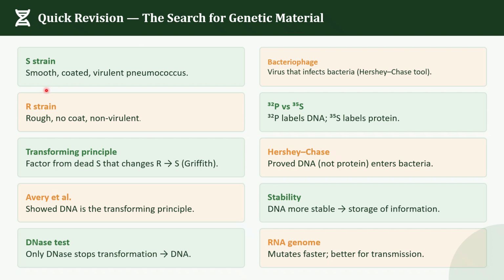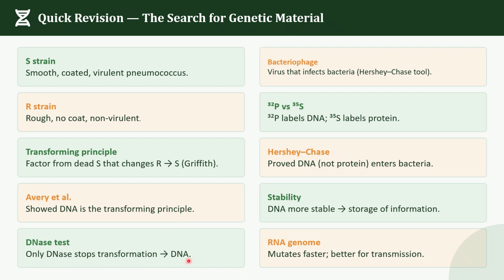So here I have given you a short summary of all the important things. Just see the S strain characteristics and also the R strain characteristics, and notice the transforming principle. Avery et al. showed DNA is the transforming principle. In the DNase test, only DNase stops transformation.